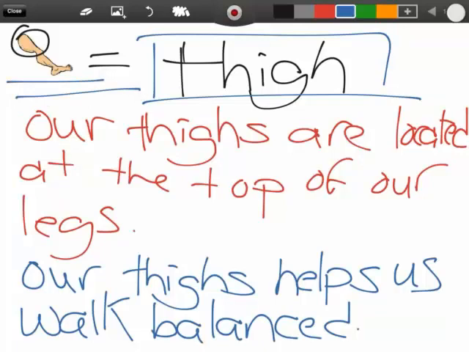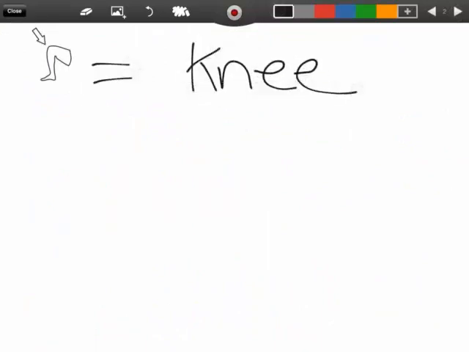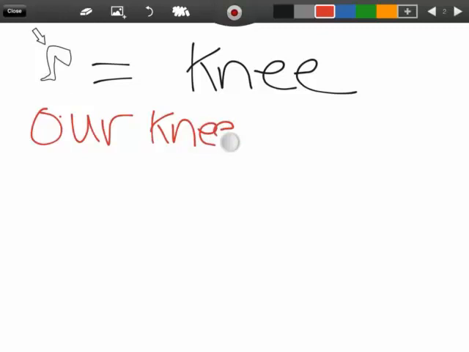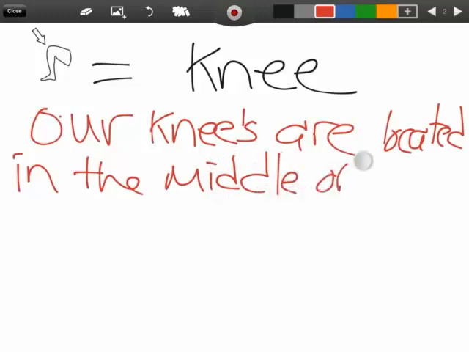Now, moving on to my next body part is the knee. Like the elbow being located in the middle of the arm, our knees are located in the middle of our legs.